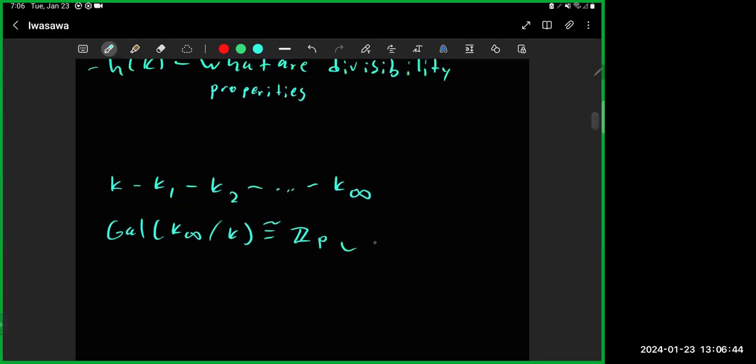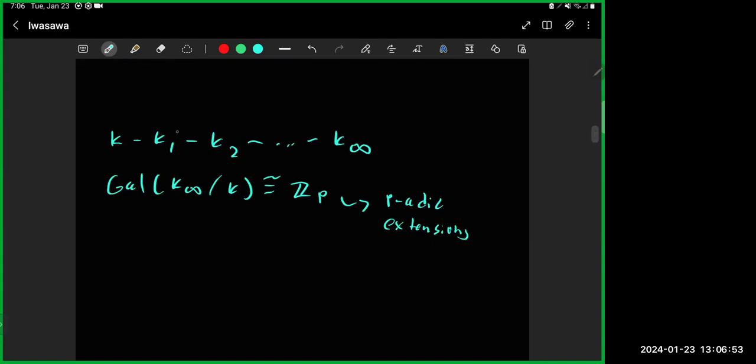For these so-called p-adic extensions, it was found that the class number of these intermediate fields has a nice pattern.